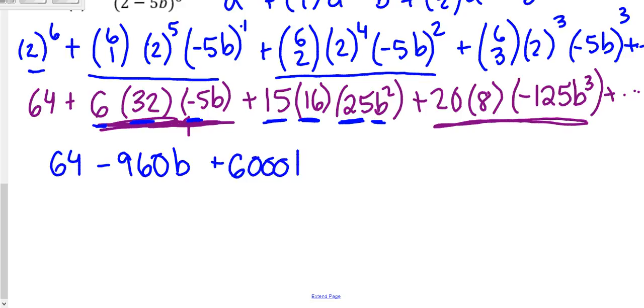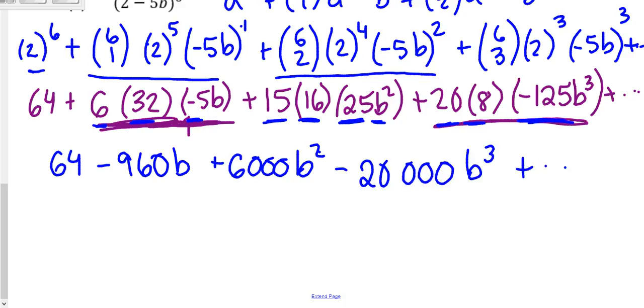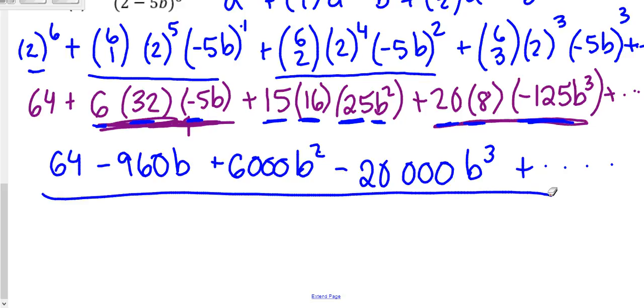And then we have b squared. Don't forget to bring that down and write it as part of your answer. This last term, the 4th term, 20 times 8 times negative 125 is a negative 20,000 b cubed. And the rest are not part of our answer, so this is where we stop.